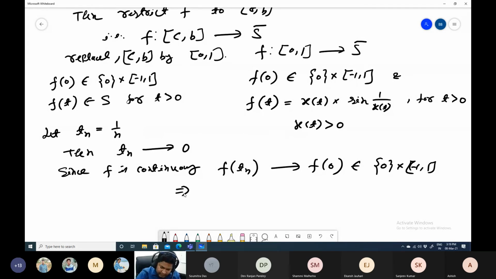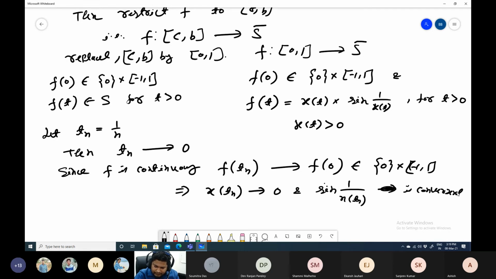So that implies x of Tn converges to 0 and sine 1 by x of Tn converges to some number. It should be convergent.